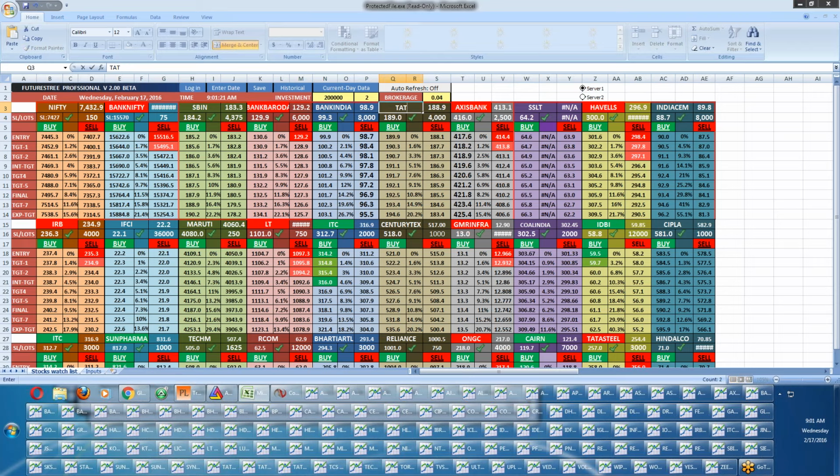And we have Tata Motors. We have Bharat Forge. We have IOB. Ashok Leyland. BPCL and Adani Ports.